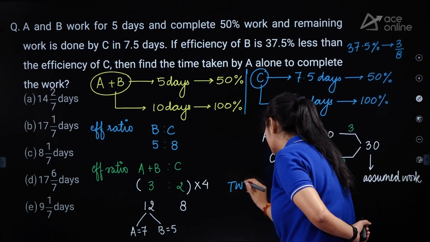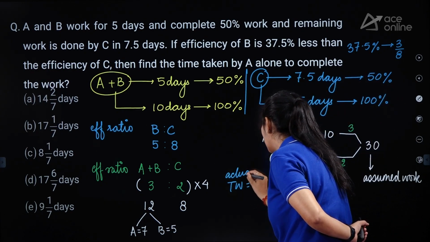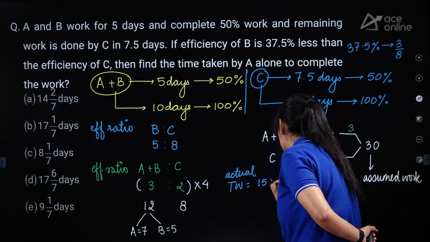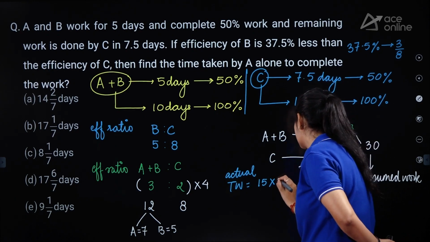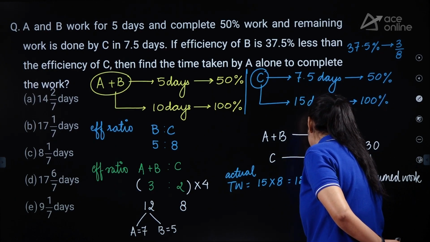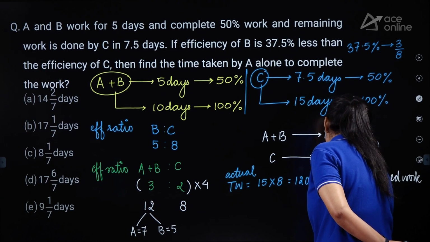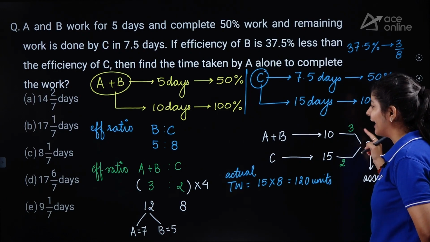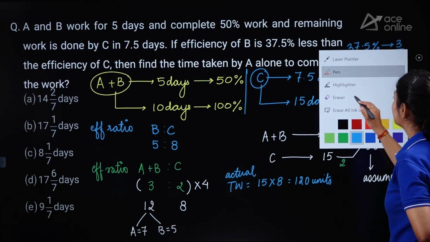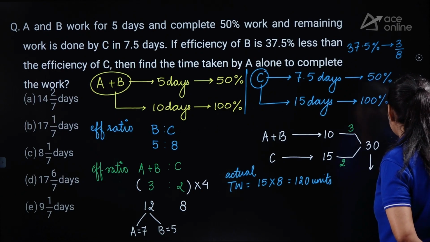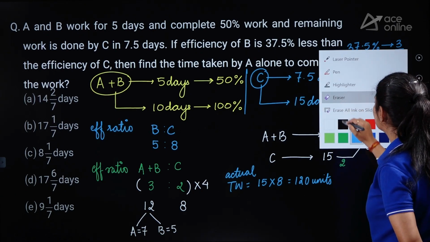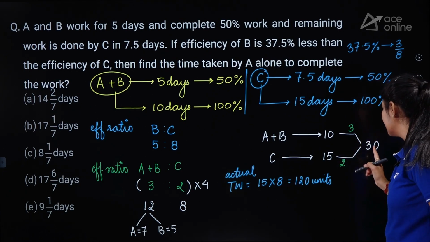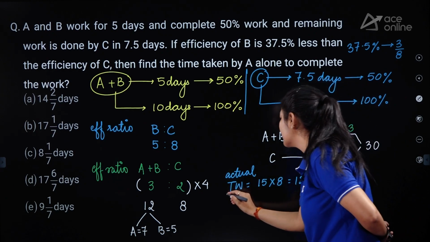So the actual work done is nothing but 15 into 8, and that is 120 units, right? Earlier I mistakenly wrote this as the assumed work, but here we are dealing with efficiencies. This is not the assumed work, so the actual work done is this one.